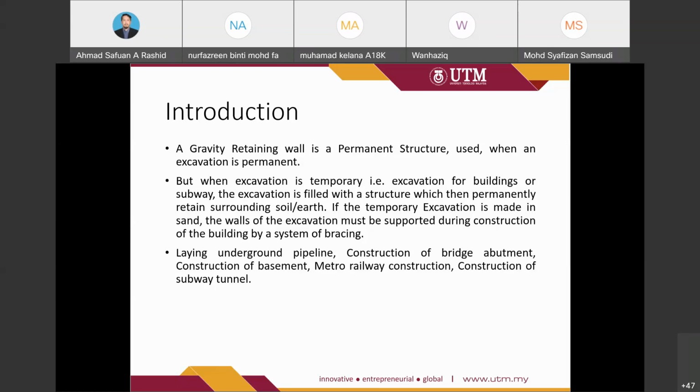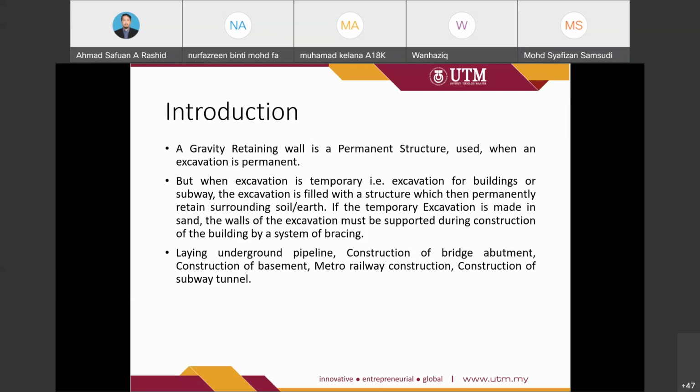Laying underground pipeline. This is the type of construction that commonly uses this bracing system: laying underground pipeline, construction of a bridge abutment, construction of a basement, metro railway construction, construction of a subway tunnel.